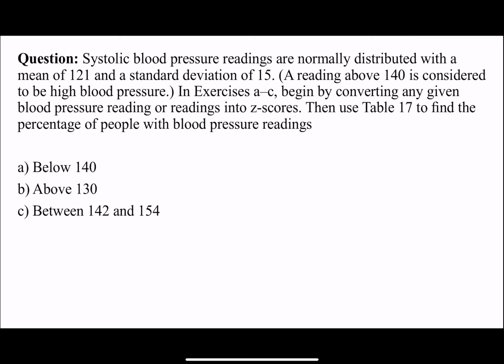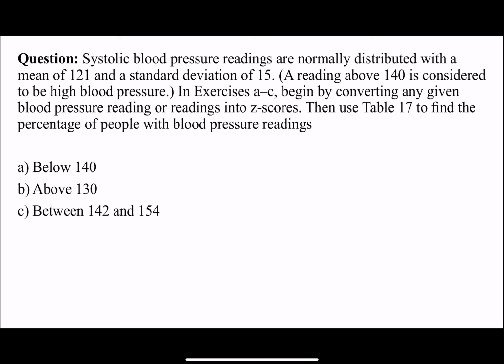So here is a question. It wants you to find the percentage of people with blood pressure readings lower than 140, higher than 130. Okay, below is percentile. Be careful, when it's higher, you need to subtract the percentile from 100, and between 142 and 154.